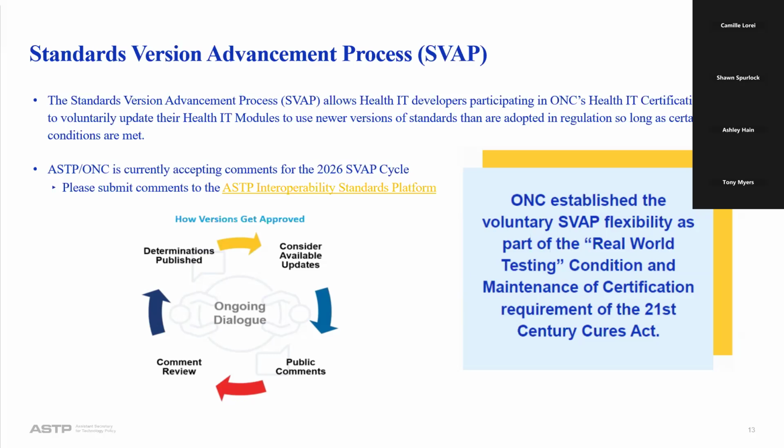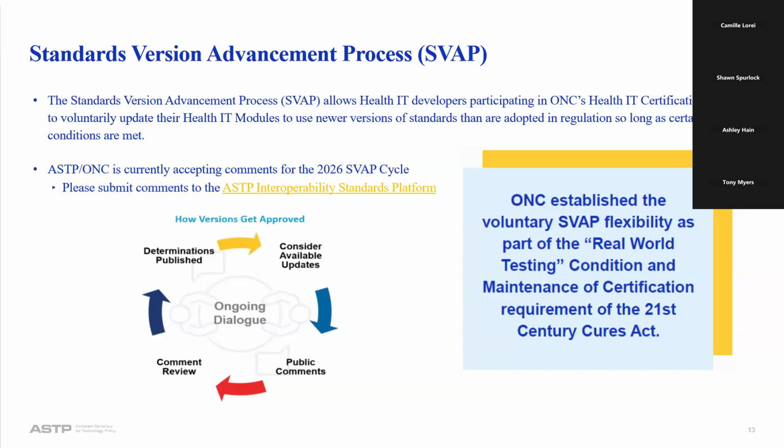Generally, this process tries to find standards, and agreement with industry on standards, that are newer, better, faster, stronger than the standards that we have in regulation, and that allows developers who are currently certified to a specific criterion to use that newer standard version. It also allows developers who are new to the program, or with a product that is newly looking to get certified to a criterion, to use that newer standard to be certified as opposed to the older one.